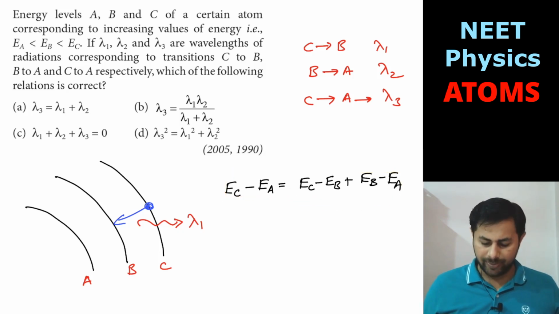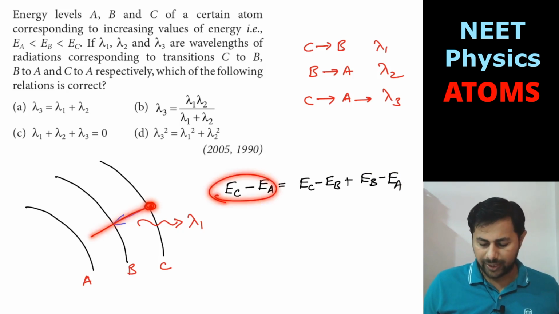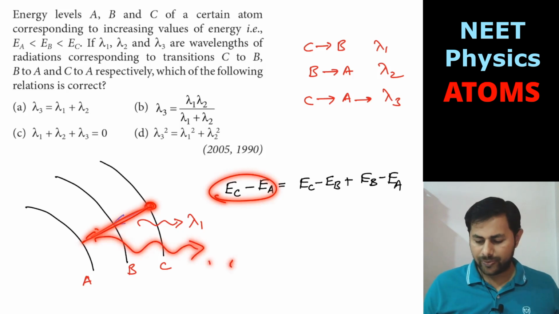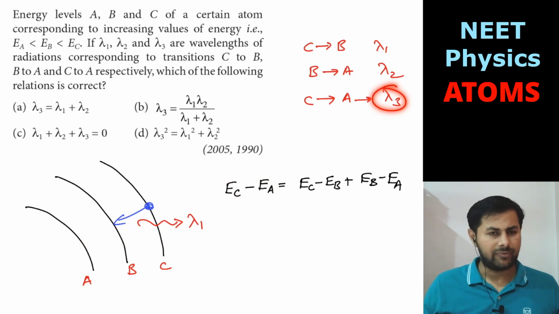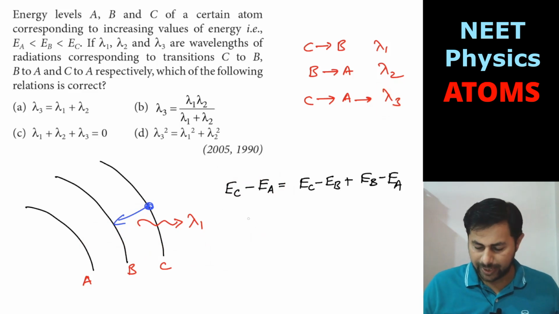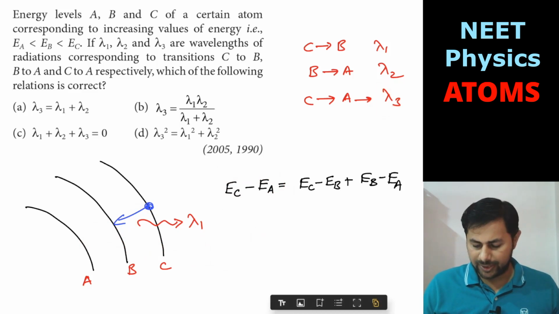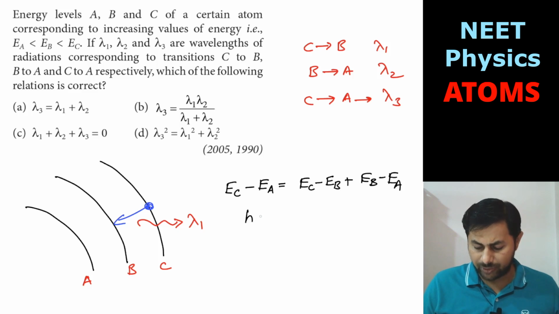When the electron jumps from C to A, it emits a photon of energy equal to the energy difference between these two levels, and the wavelength of that photon is lambda 3.